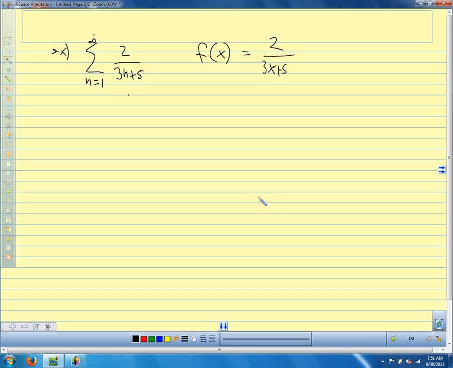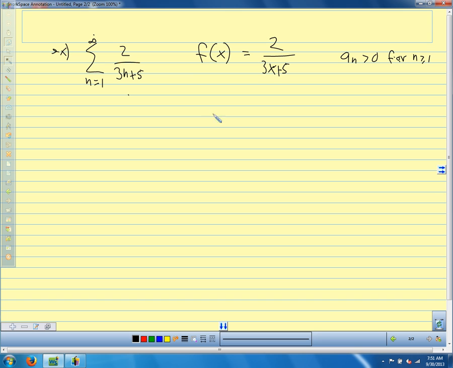Is this function positive for n greater than or equal to 1? We're not plugging in a negative number, so it's positive. So we can say a sub n greater than 0 for n greater than or equal to 1.